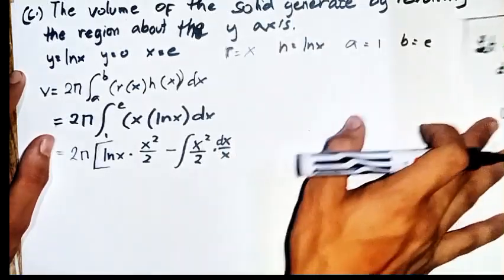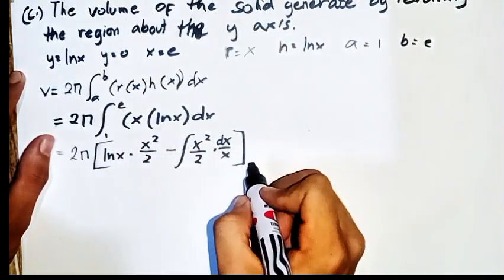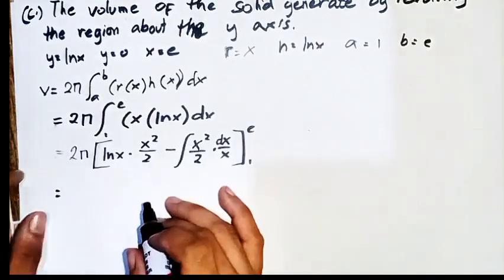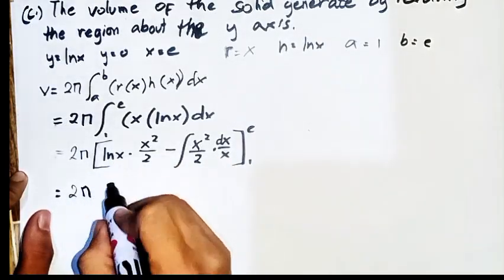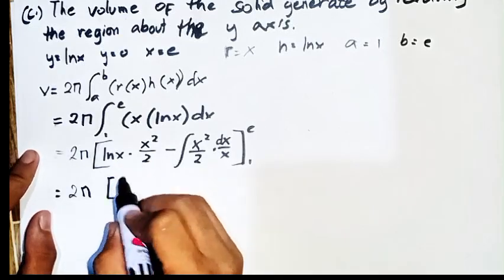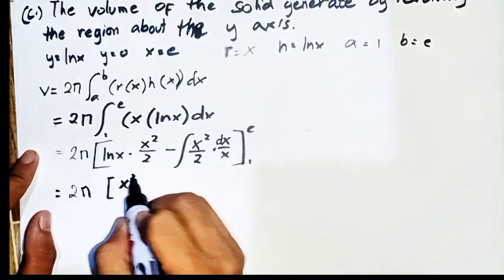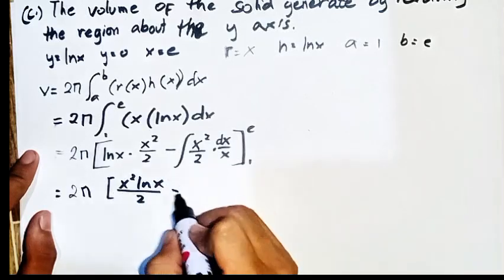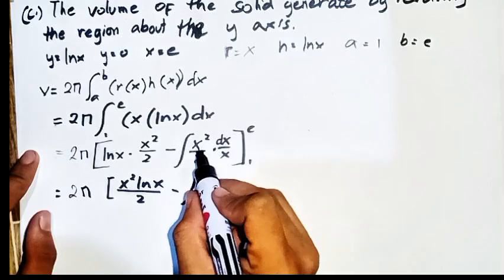Don't forget the lower and upper limit. Next, let's multiply, copy the 2 pi. Now, ln x times x squared over 2 is the same as x squared ln x over 2, minus the integral.